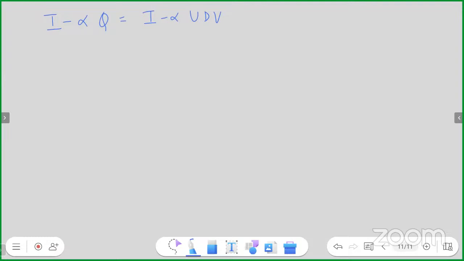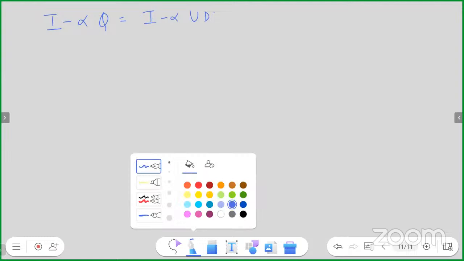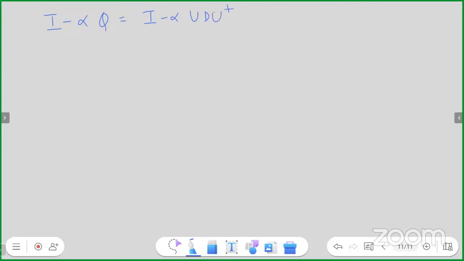It's something stronger, yes, because it's symmetric. It's important that I am allowed to do U D U Hermitian. And then what can I do? I can write U (I minus alpha D) U Hermitian. Same thing. Now, what kind of matrix is this, the inside one? It's a diagonal matrix because I is diagonal, alpha is a scalar. So what are the eigenvalues of this matrix? This is again the eigenvalue decomposition where the U's are the eigenvectors. What are the eigenvalues?